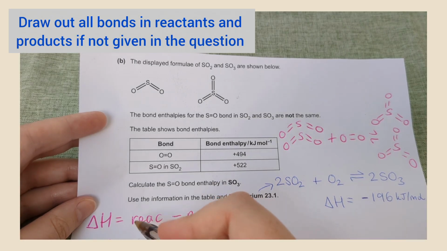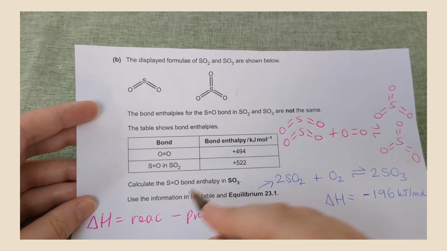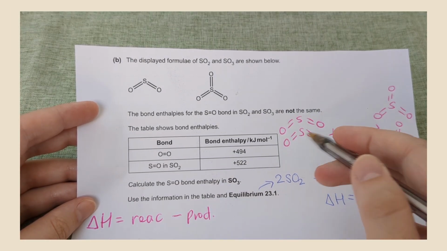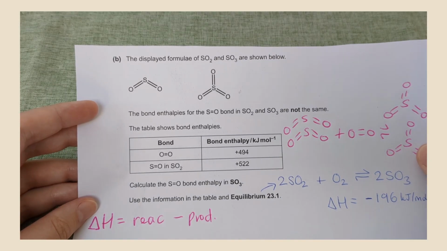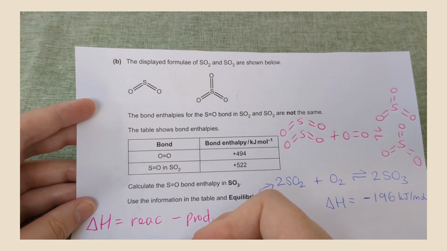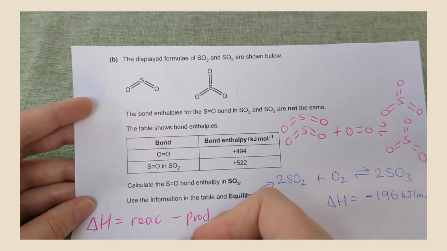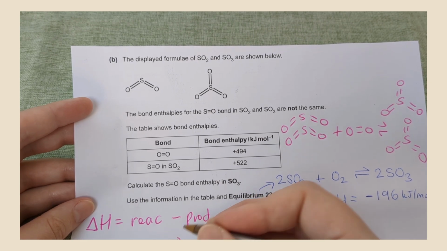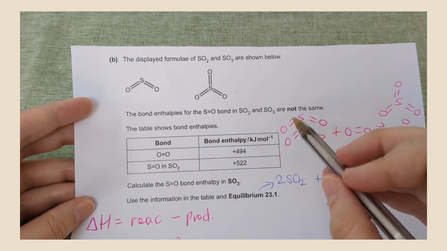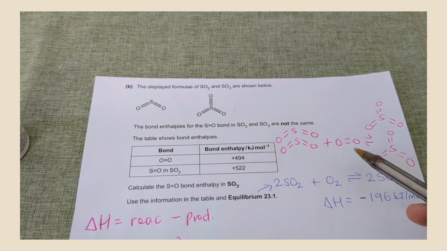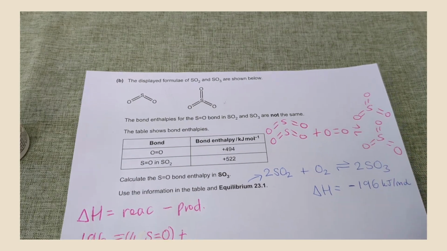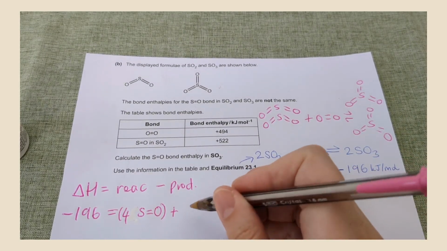So for the reactants then, I'm going to do it just like before. So I'm going to write down what I see first before putting the numbers in. Obviously you don't have to do that. It's just in case you're having a go yourself and you want to make sure that you've got everything. So in the reactants we've got 4 of this SO bond. Then we've got 1 of these oxygen-oxygen double bonds.